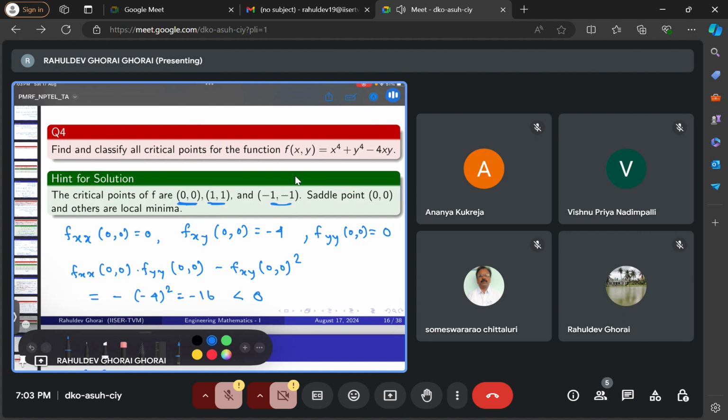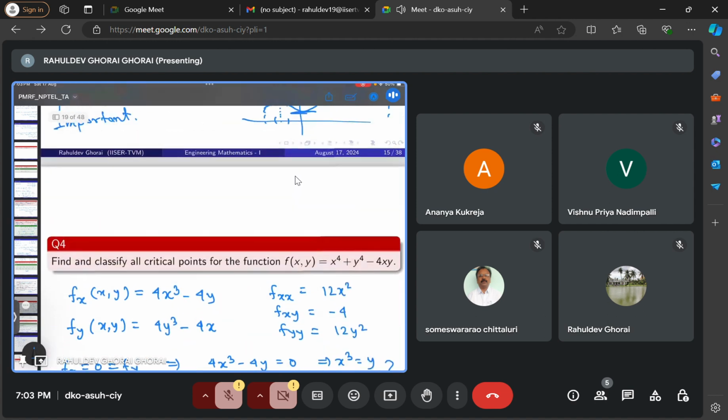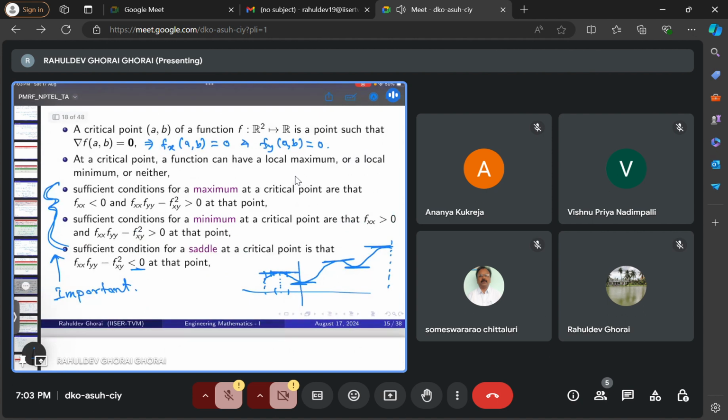To be maxima or minima, this should be greater than 0, right? So when it is less than 0, (0, 0) is a saddle point. So you can check here, this has to be less than 0. If it is less than 0, then it is a saddle point.